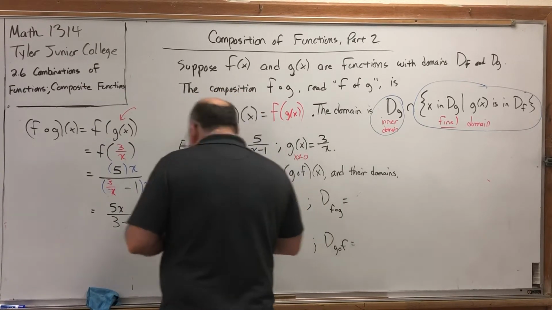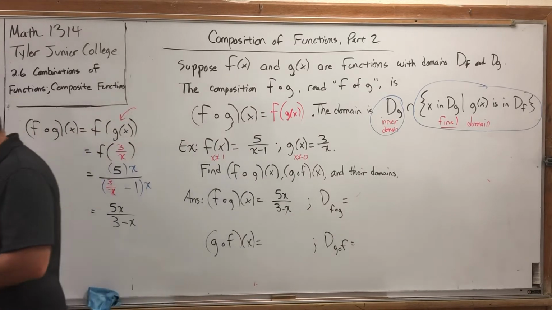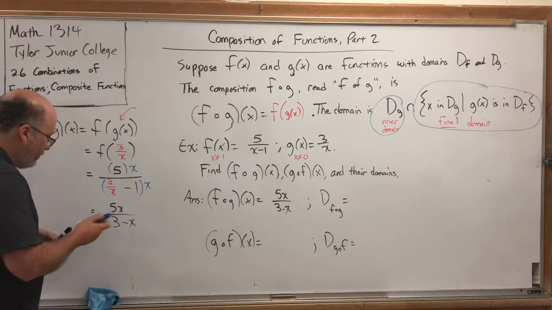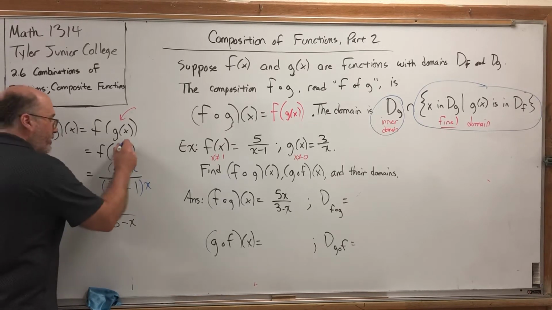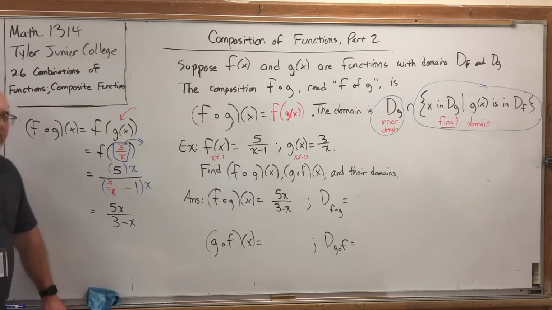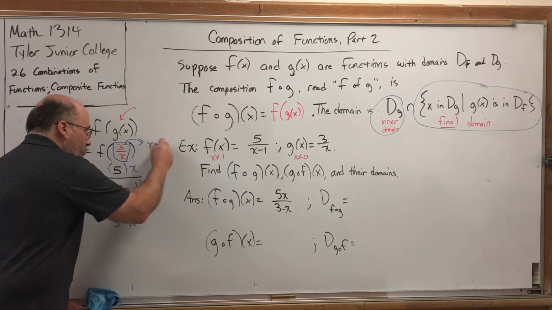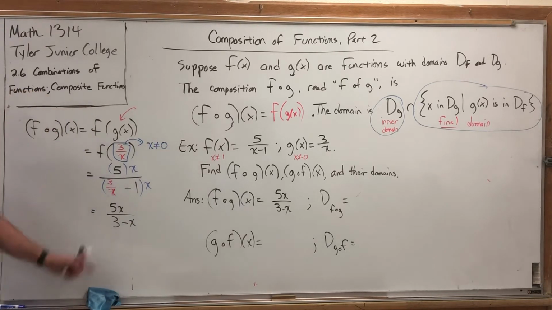Well, what about the domain? Well, define the domain. Go to the inner function and go to the final function. The inner function was 3 over x. What is the one number we cannot put there? 0. So I'm going to make a note that x cannot equal 0 because of the first function the x goes into.